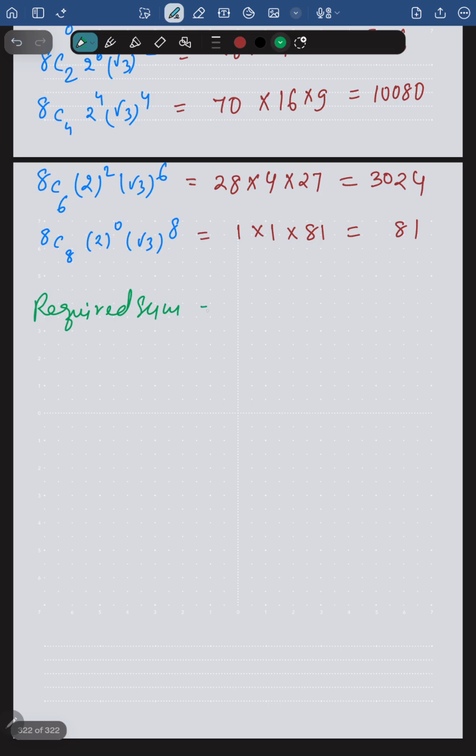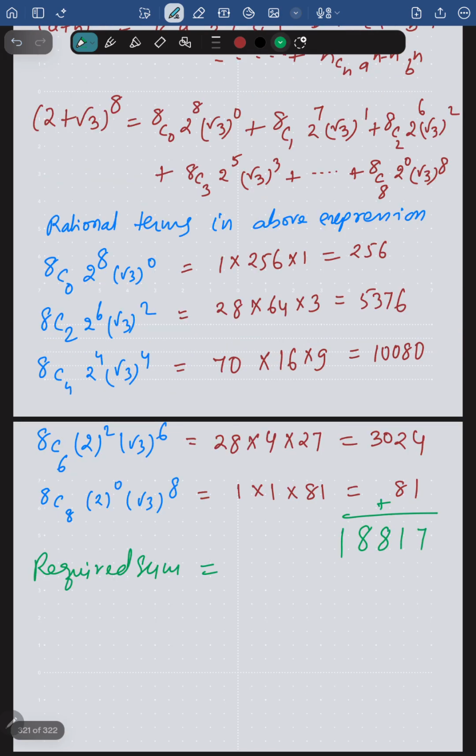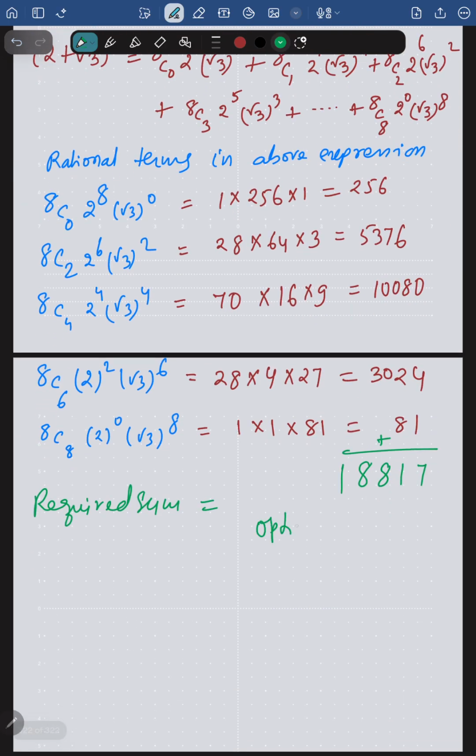Required sum is equal to, you just add all this and write the addition. 18817. So option C is correct. Thank you.